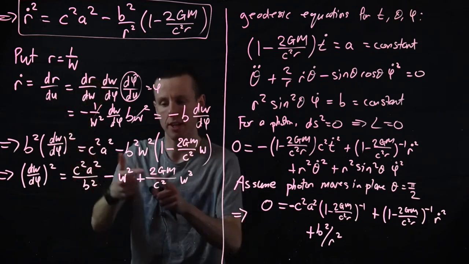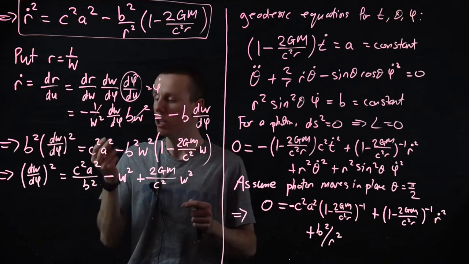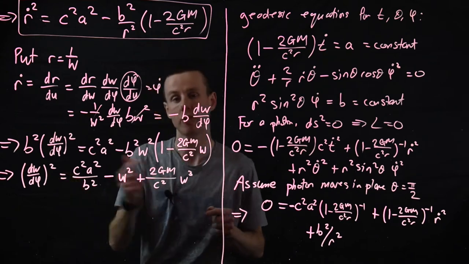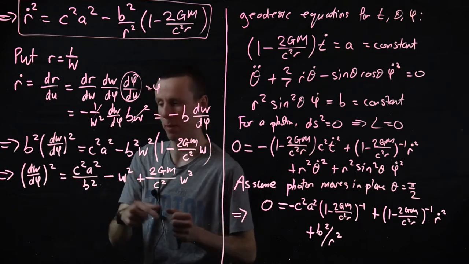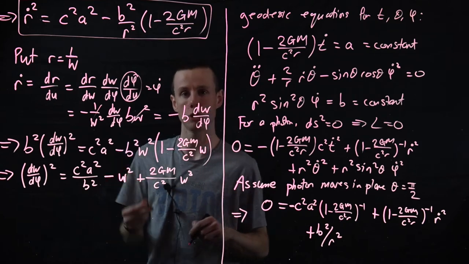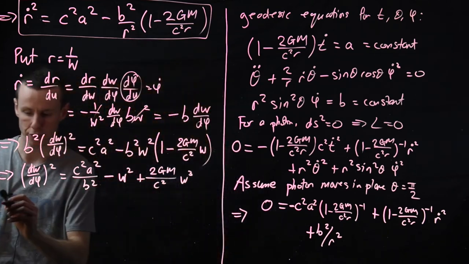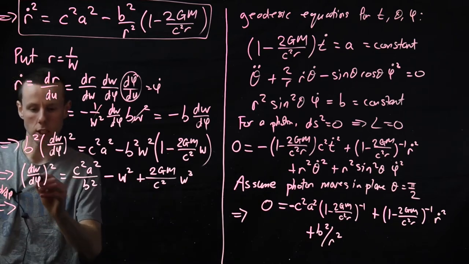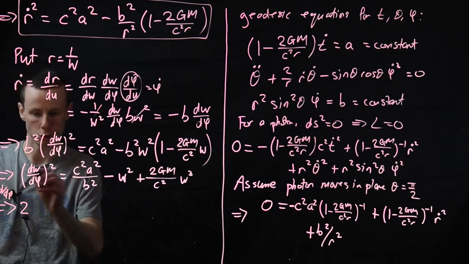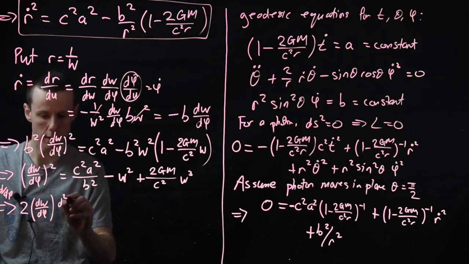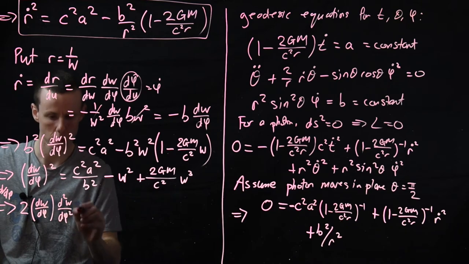But once again, we have a differential equation that we cannot solve. So we do the same thing as last time for the massive particle. We differentiate this differential equation with respect to phi, which makes it into a second order differential equation, but it turns out that's easier to handle. So differentiate with respect to phi, and you get, on the left-hand side, using the chain rule, 2 dw by d phi times d2w by d phi squared.